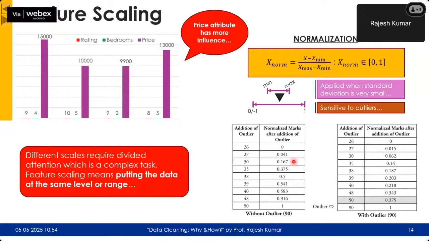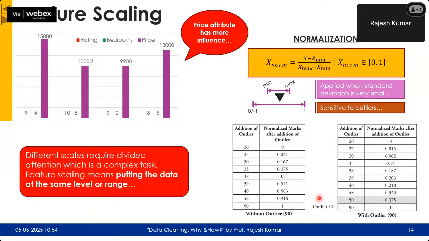Okay. So you can see here, these are the normalized marks. This one is without an outlier, because you can see these are the marks there. And from there, you can perform normalization by putting the values into the range of 0 to 1. So you can have 50 as 1 and then you put the minimum and accordingly divide the whole structure. But if I just add an outlier there, now you see the effect of the outliers.